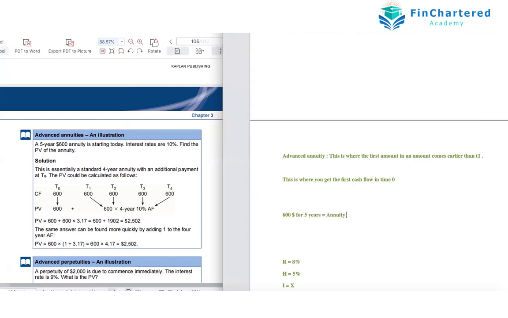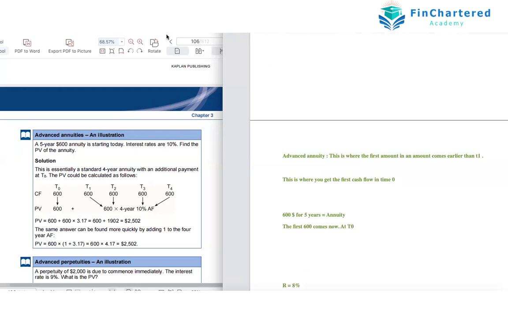There is no doubt about it, because for 5 years, a fixed amount you are getting for a fixed number of years. 200% it is an annuity. But the problem is the first amount, when is it paid? Now. The first 600 comes now at time zero.